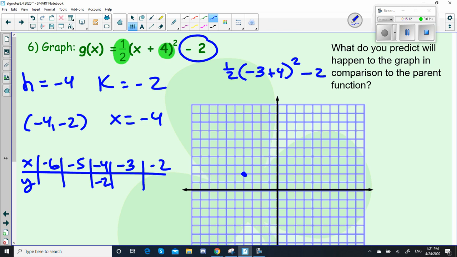So 1/2, parenthesis, -3 plus 4, parenthesis, squared, minus 2. -1 and 1/2 for both of these. So -3, 1, 2, 3, -1 and 1/2 is right there. Same for -5. So let's put in -2 there, and that pops out 0.